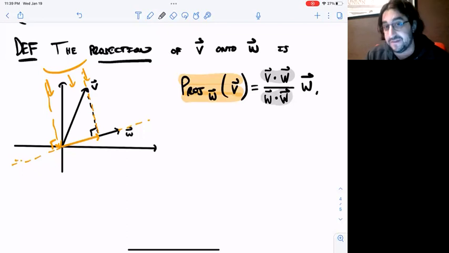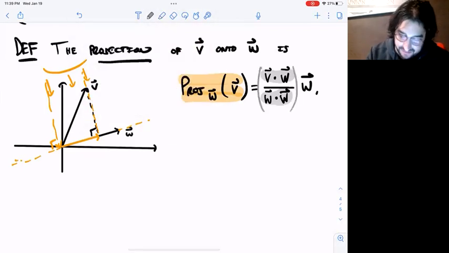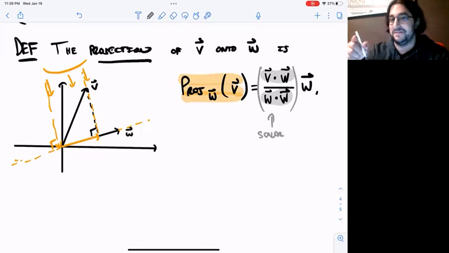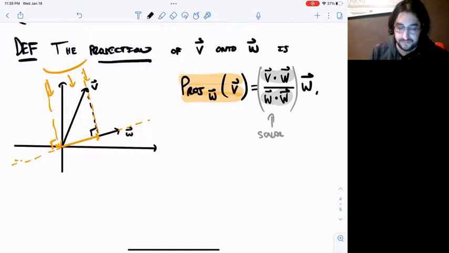Vector dot vector will again produce a number. So now I'm just dividing two numbers. So this quantity as a whole is just a scalar, not a vector anymore, even though we started with a bunch of vectors. Then this scalar will get multiplied by W, and that's going to give us the projection. So this is a very nice operation.